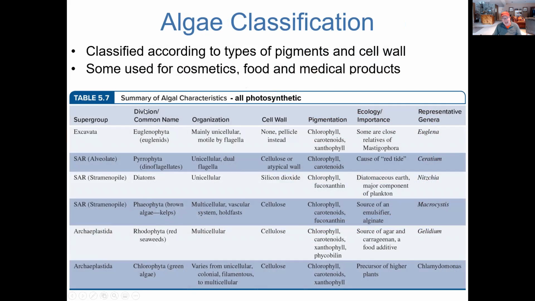And so you can come back to this table if you ever want to know what makes diatoms different from green algae in terms of characteristics and so forth. But you don't need to memorize the supergroup names. Just be familiar with some of the common names.